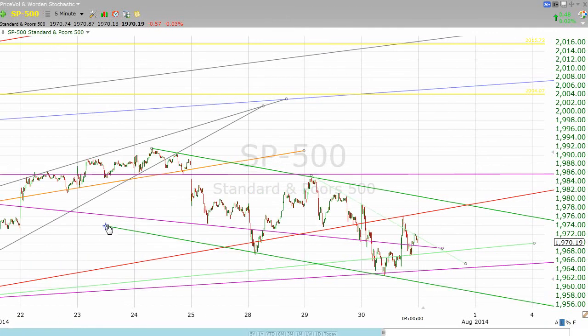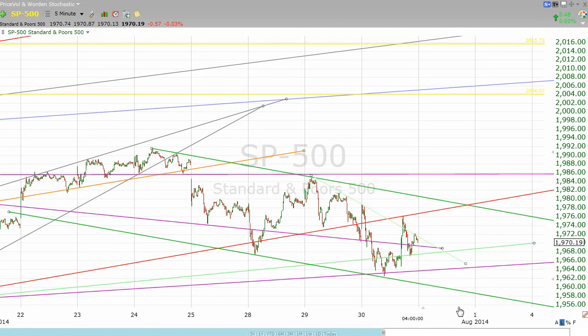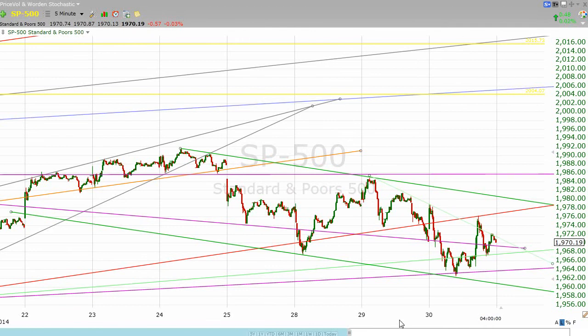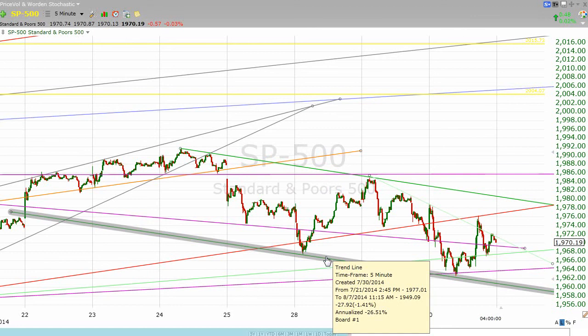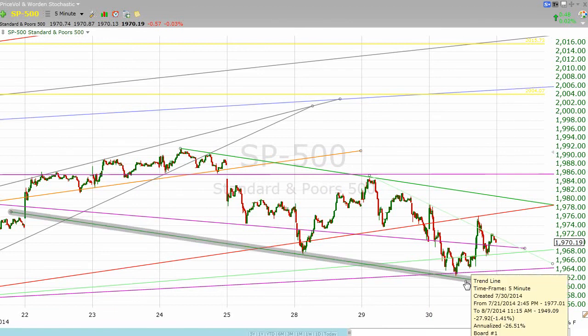I was just saying that I think it will be getting up over this line right here. And what I just remarked about the interesting feature is the fact that this line right here, when placed parallel to this dip we saw 3 days ago, lines up exactly with the low that we saw today.